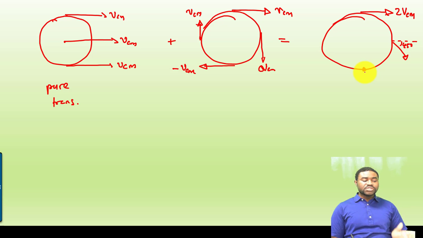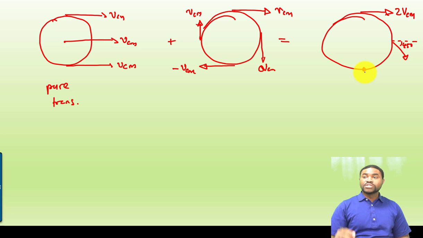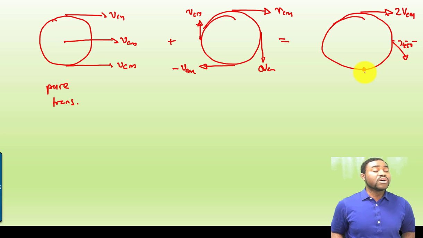For an object to roll without slipping, the velocity at the point of contact with the surface is 0 at all times. And secondly, it is static friction that propels the object forward.